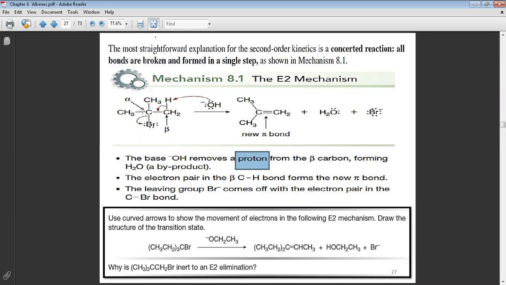The leaving group will go out. It will be removed from the structure with the electron pair. That means both of the electrons here will go out with the leaving group.